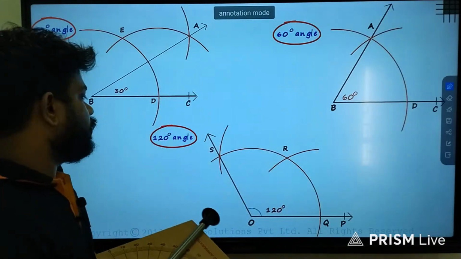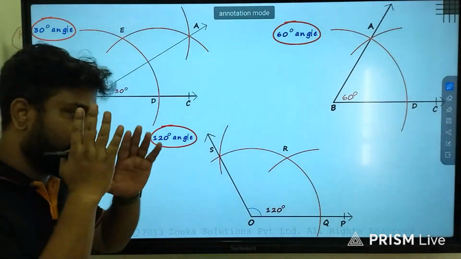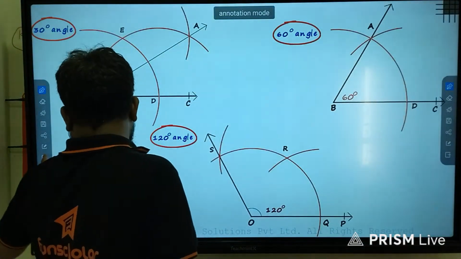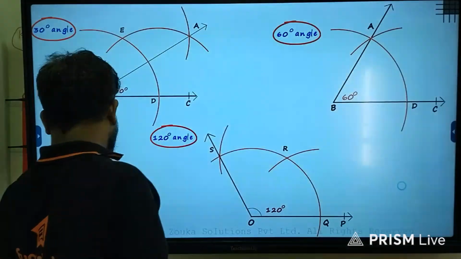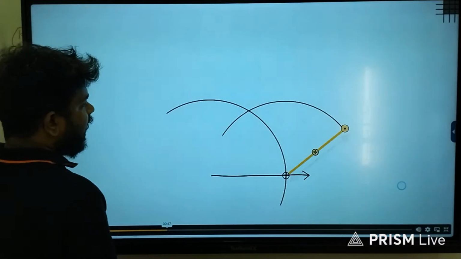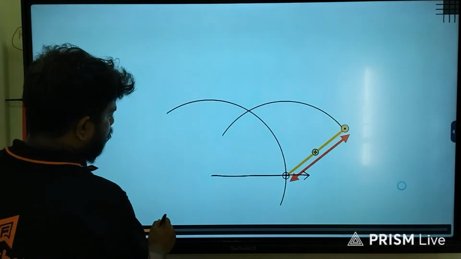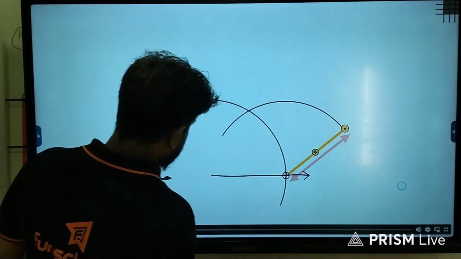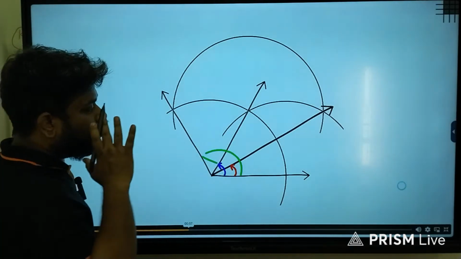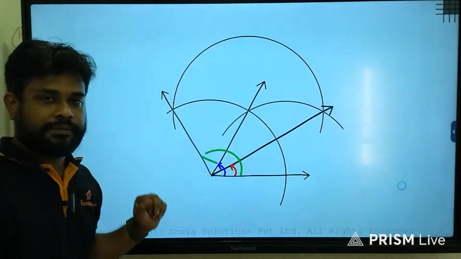Okay, so to draw all of these angles using ruler and compass only, what we have to do, we have to draw a line using a ruler, and then we have to take the pencil compass and draw only one arc which will be 30-degree here.